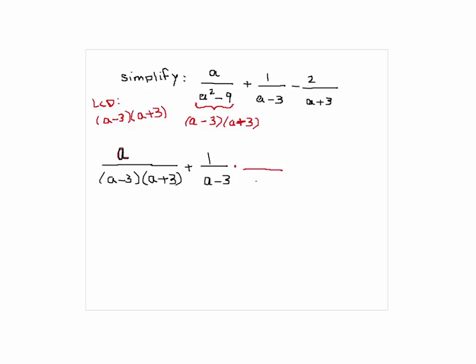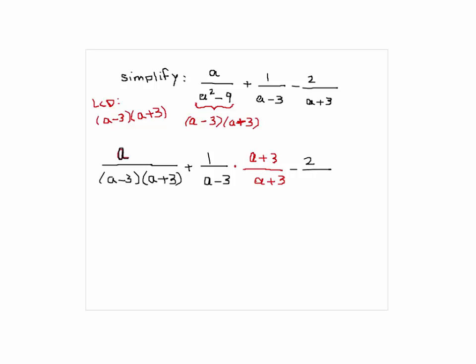A plus 3. Okay, very good. So we multiply the second fraction only with A plus 3 over A plus 3. We multiply it by 1.